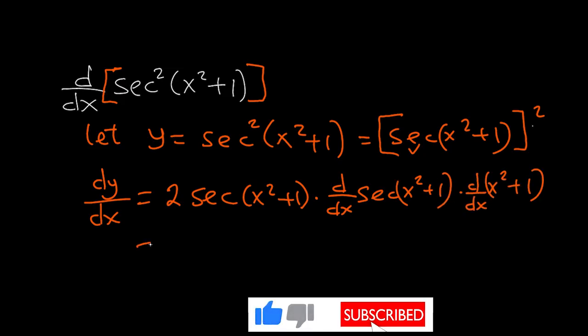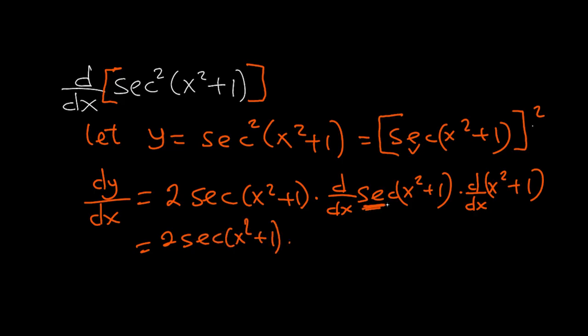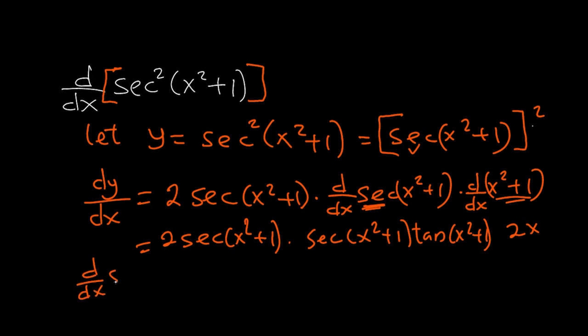So this is going to give us 2 sec of the function. When you differentiate sec, it's going to give you sec of the function and then tan of the function, times the derivative of this one, which is 2x. Don't forget the derivative of sec x is sec x tan x.